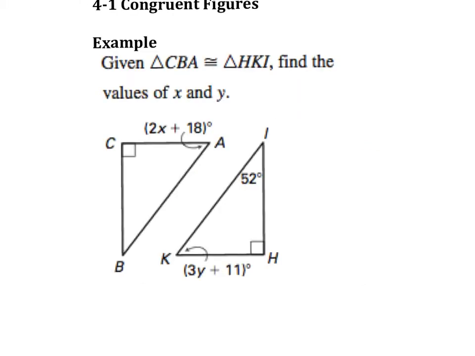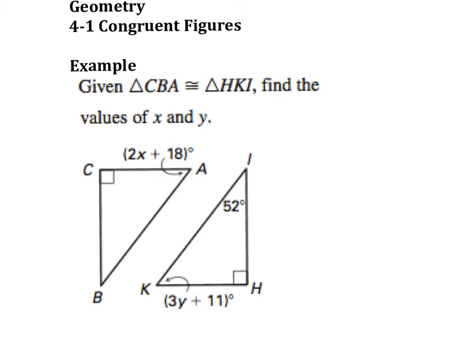So let's apply. When we have a congruence statement here, we're told that triangle CBA is congruent to triangle HKI. Clearly, I see that C and H, those angles are congruent. In fact, specifically both 90 degrees. B and K are congruent. So this one here matches up with this one there.